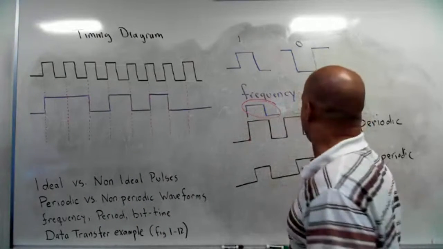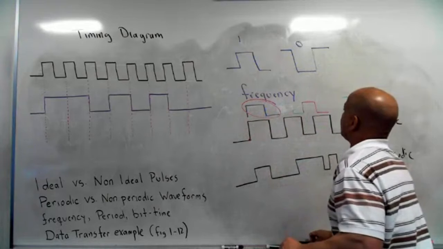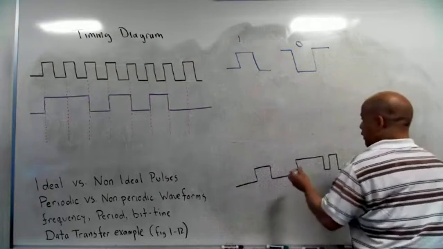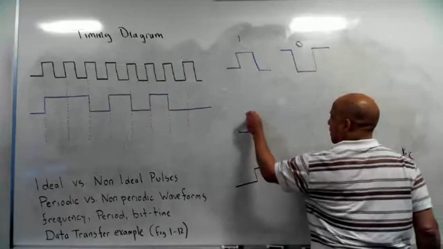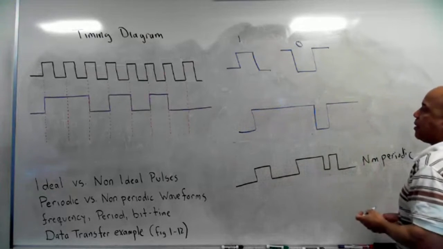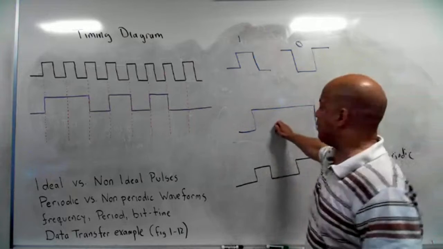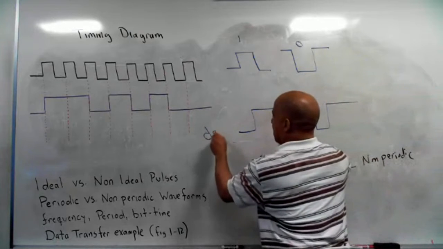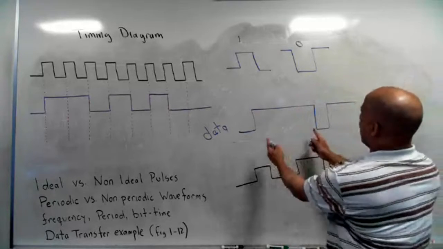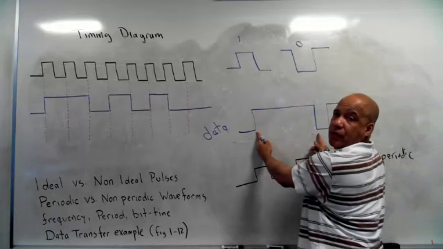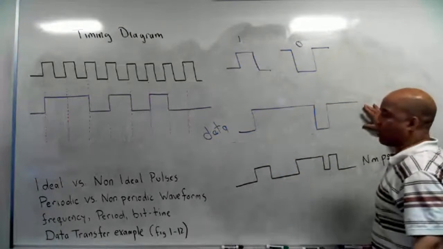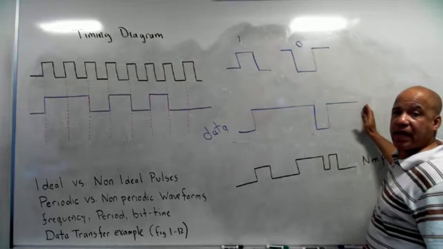The problem is, what if I gave you a digital pulse that looks like this? If this represents digital data, 1s and 0s, I have one really long positive going pulse here, a little short negative going pulse here, and then another positive going pulse that I kind of cut off on the side.